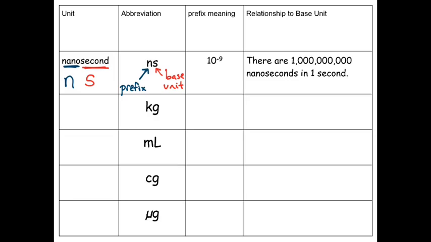The prefix meaning, I just went straight to that chart and I found it. So this box I just get straight from the chart above that you just filled out. All right, and then I have to do the sentence. Well, if I look up at my chart, after nano, my chart says there's 1 billion nanograms in a gram.